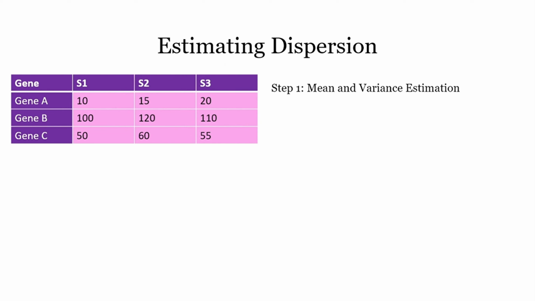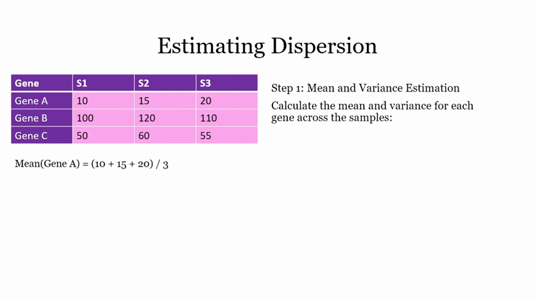For the mean and variance estimation, we calculate the mean and variance for each gene across the samples. The mean for gene A is equal to 10 plus 15 plus 20 over 3, which gives 15. And the variance for gene A is 10 minus 15 to the power of 2, plus 15 minus 15 to the power of 2, plus 20 minus 15 to the power of 2, over 2, which gives 12.33.